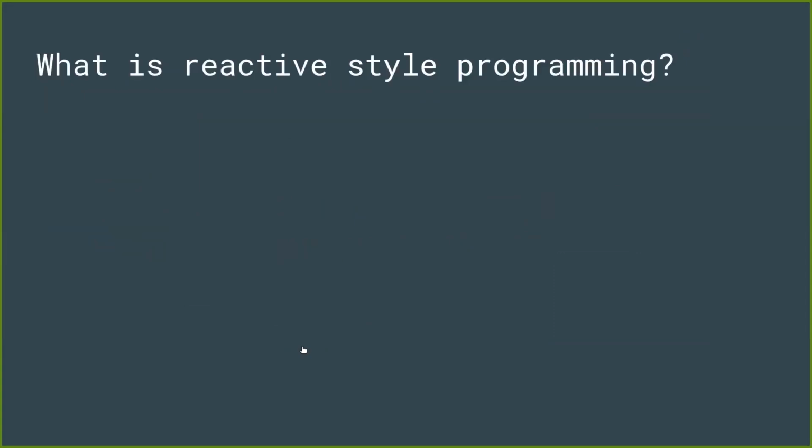So what is reactive style programming? Okay, we've talked about imperative style programming. We've talked about declarative style programming, lazy loading, flows and streams. So how do you think now, what is reactive style programming? Well, our Sherlock deduction would say that we should somehow combine the previous definitions, right?